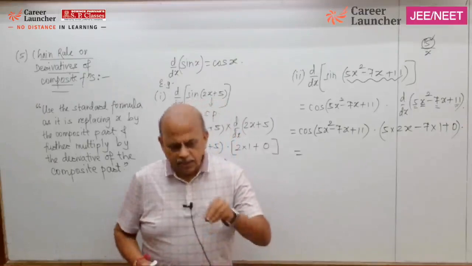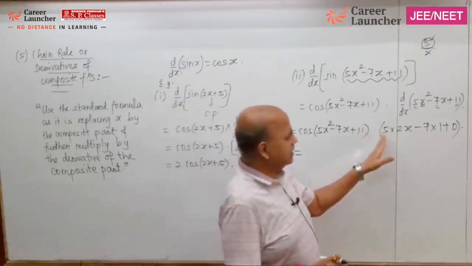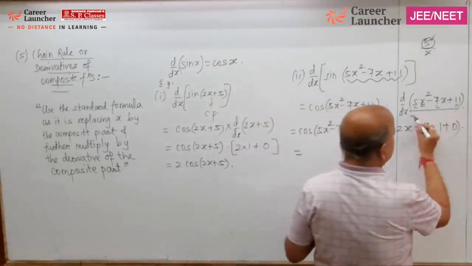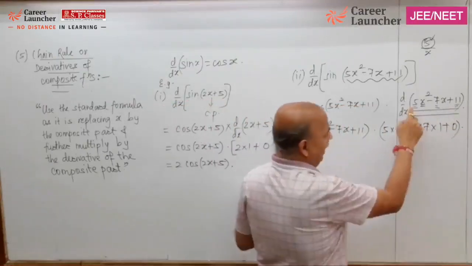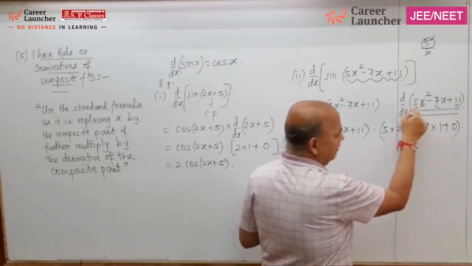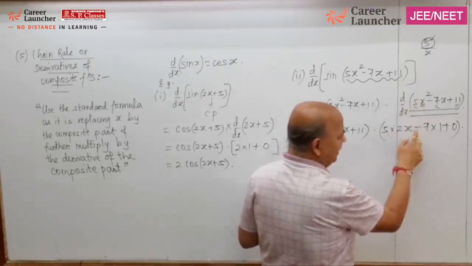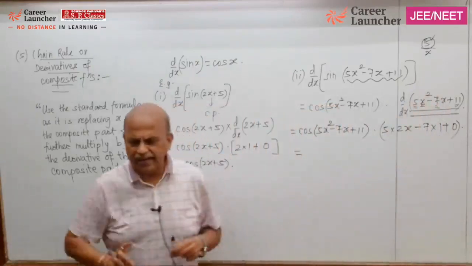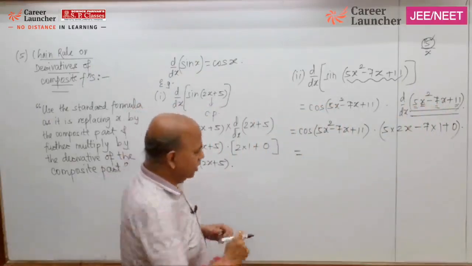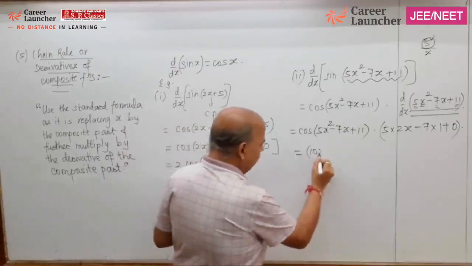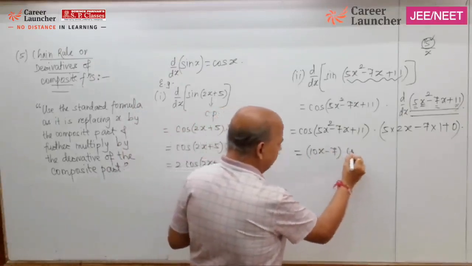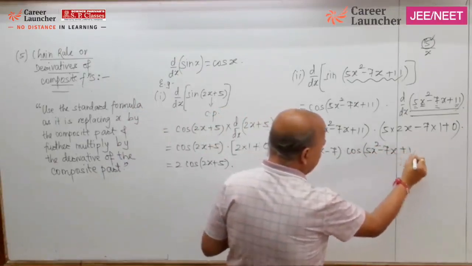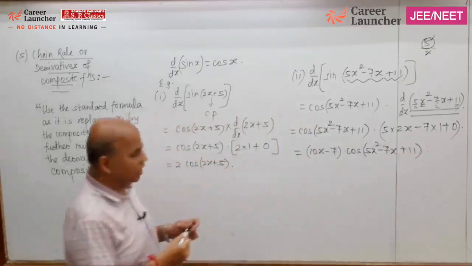Because this was just a beginning, I am writing 5 into 2x and all. Later on, you should be able to write the derivative directly, orally: 5 into 2x, that is 10x, minus 7 into 1 is 7. The derivative of 11 is 0, even if you don't write it, it is perfectly alright. So this will be 10x minus 7 into cos of 5x square minus 7x plus 11. Getting it or not? Okay.